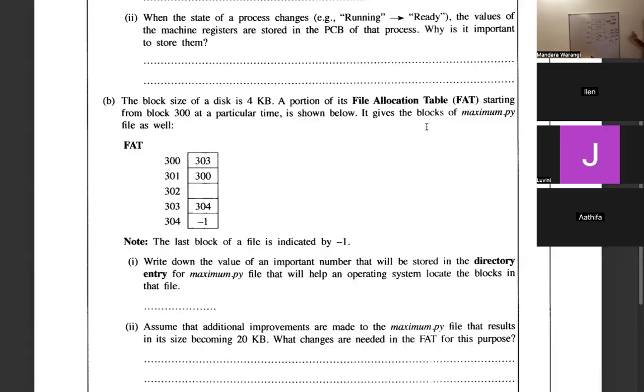So 302 could be allocated. So how can we allocate? We need to add it to the last position.